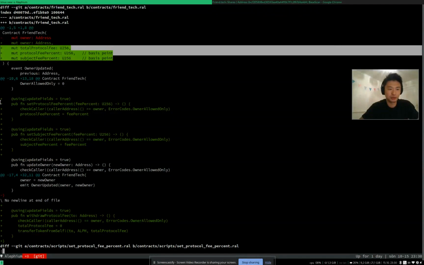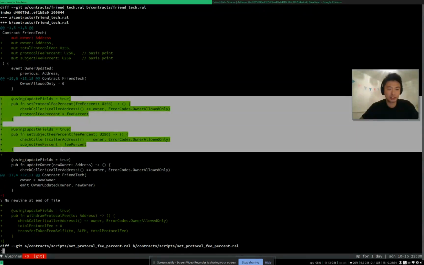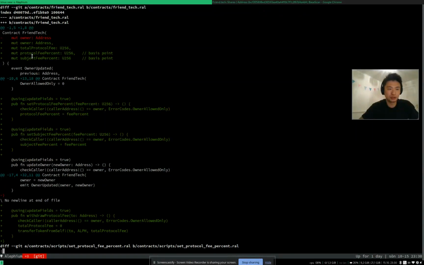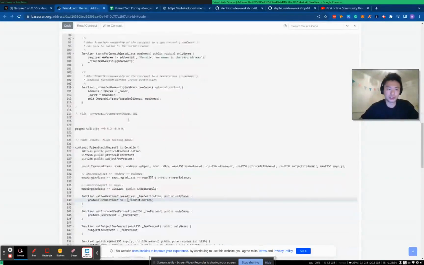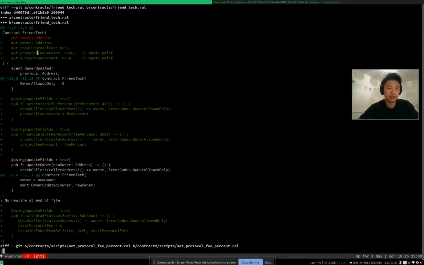And we have 2 extra functions that basically update these 2 fields. If you remember from the original implementation, it has the protocol fee percentage and subject fee percentage. But here we have the same thing, and we have the same functions to update them, and only the owner should be able to do this.